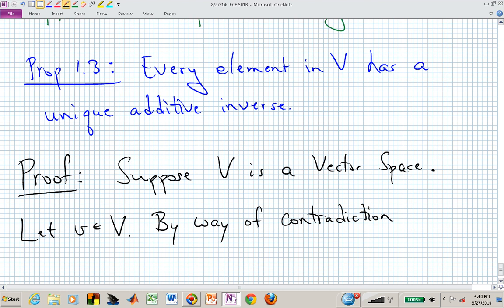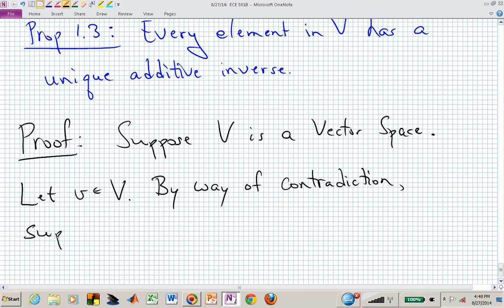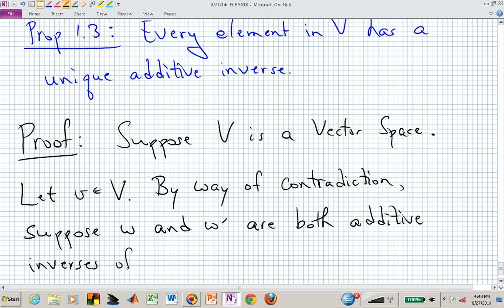By way of contradiction, suppose W and W prime are both additive inverses of V. What we're assuming then is that W and W prime are different.